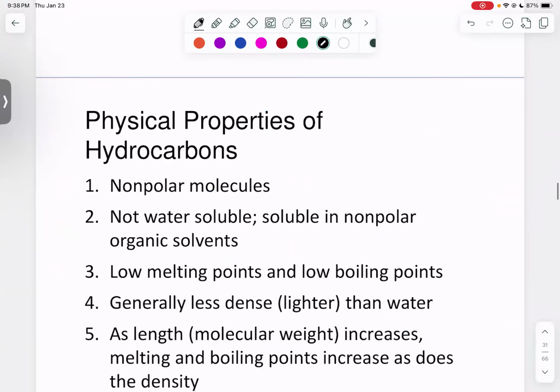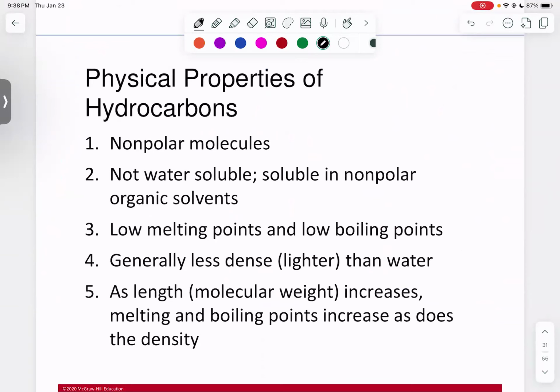Okay. So when we talk about hydrocarbons, all hydrocarbons, no matter what, are nonpolar. And remember, we said nonpolar molecules can only have London dispersion forces, right? So just remember that's just London dispersion forces. They're not water soluble.